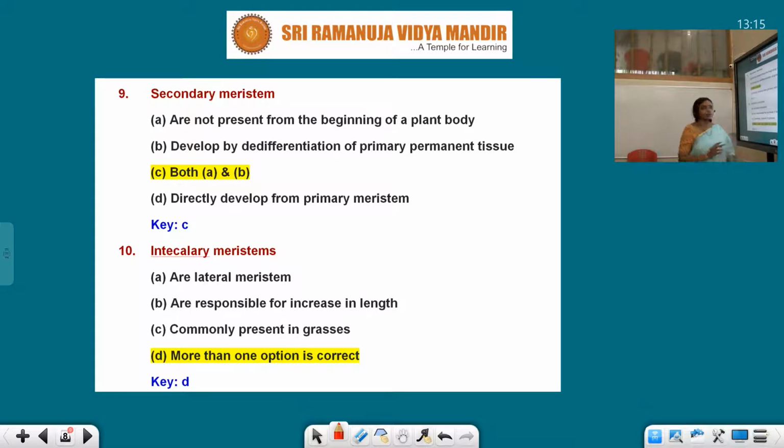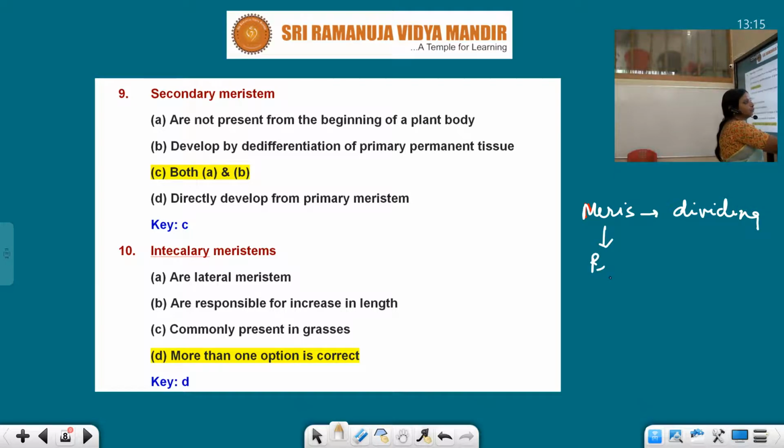What is differentiation? When this is a meristematic cell, suppose, it is dividing. Meristematic cells have the capacity of division. So it is dividing. And differentiation means they lose the capacity of division and it becomes permanent.